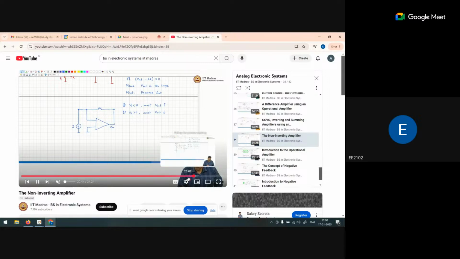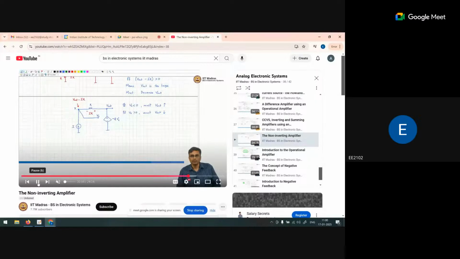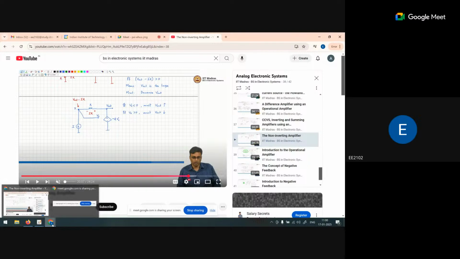Why are they taking the minus A Vx? Because we are using the operational amplifier in negative feedback. So what we get every time is an inverted amplification gain.